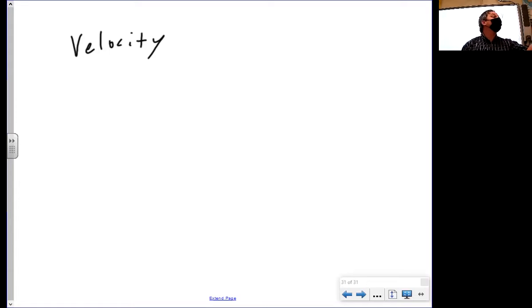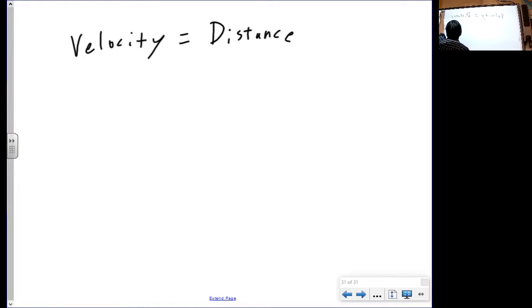Speed and velocity is kind of the same thing. How far you run? Yeah. If you know your distance and you know how fast you ran that distance, then you know your velocity. Velocity is distance divided by time.